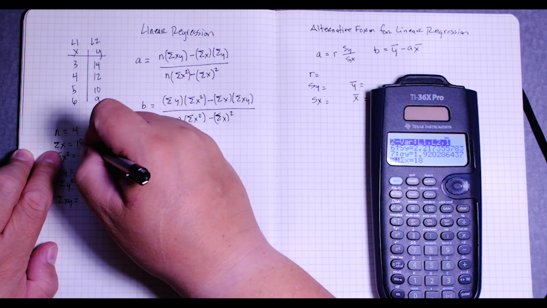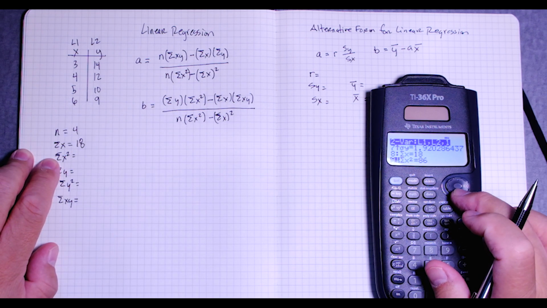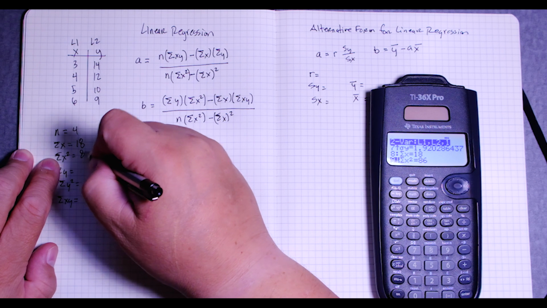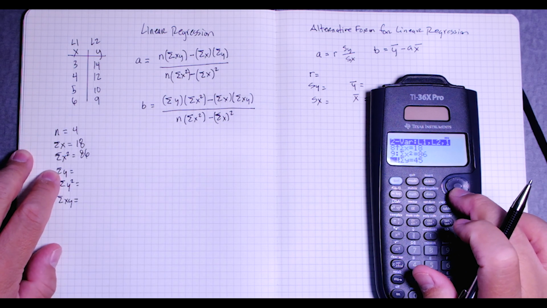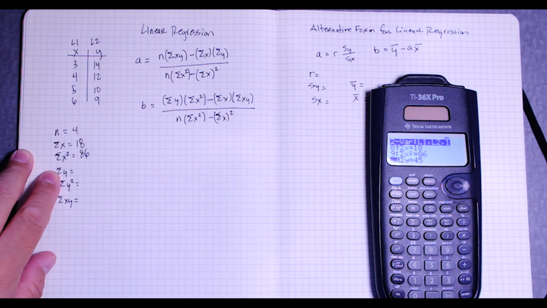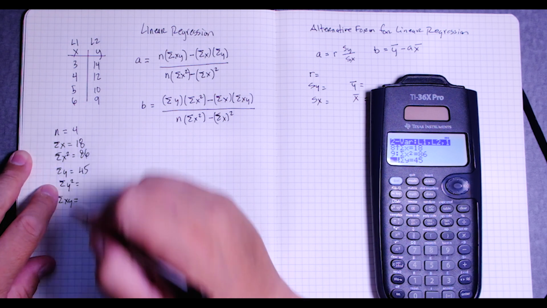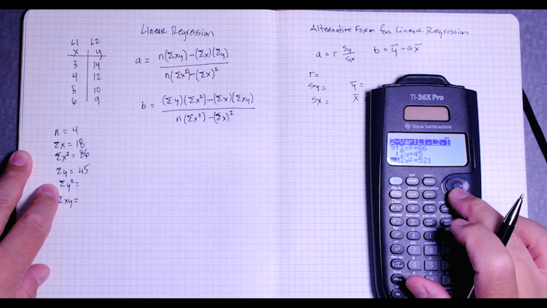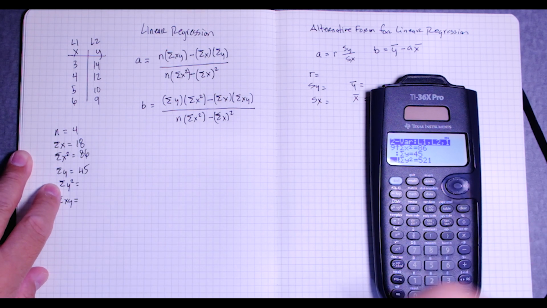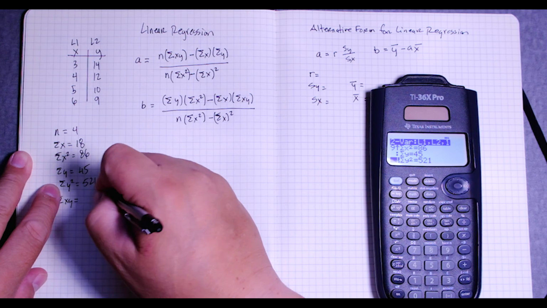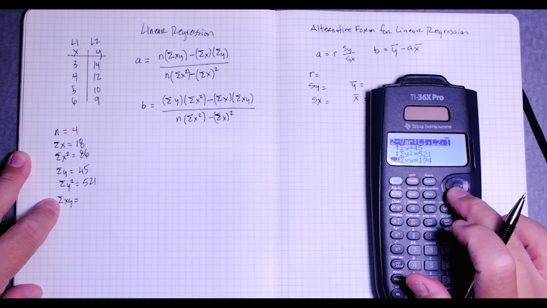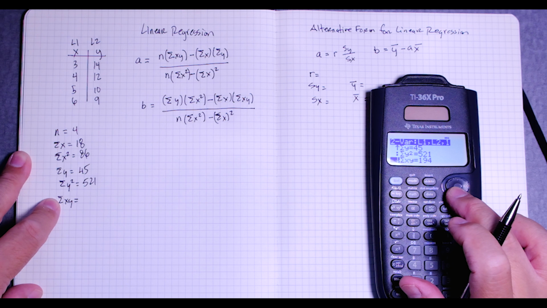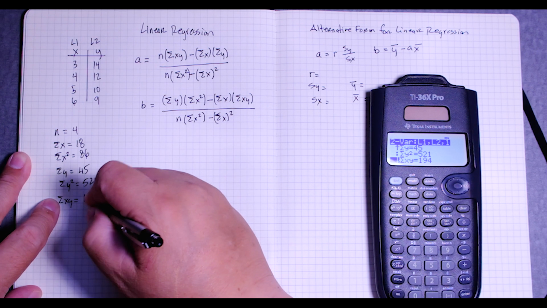Okay. Maybe the sum of X squared, 86. And then the sum of Y, very good, 45. And then the sum of Y squared, 521. And the sum of XY is 194.